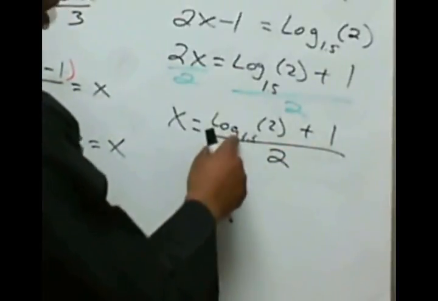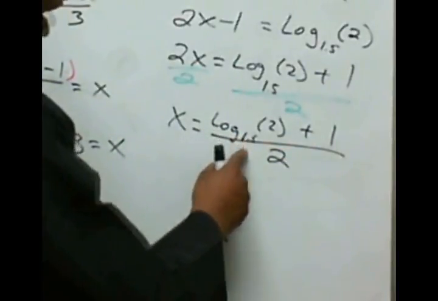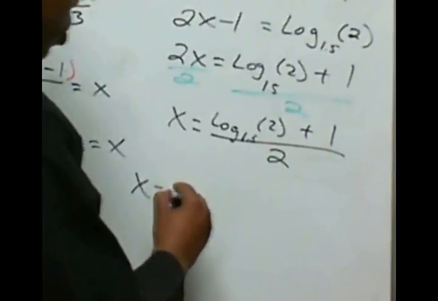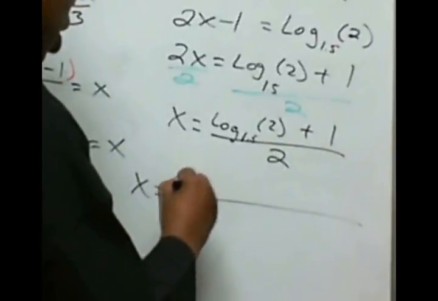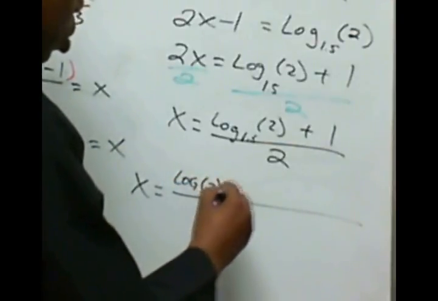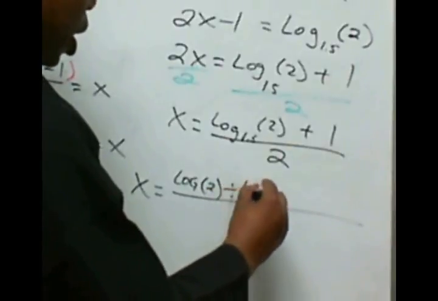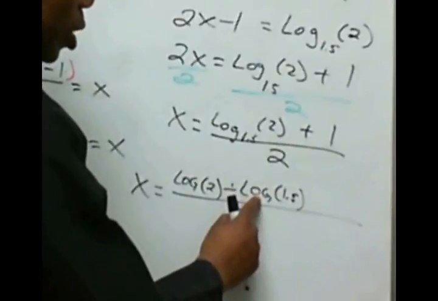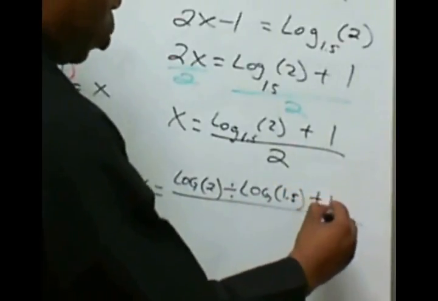Now I'm going to use the change of base formula to change this from a base of 1.5 to a base of 10. So that will be log, which is base 10, of 2 divided by log of 1.5. Again, log is base 10, and then plus 1.